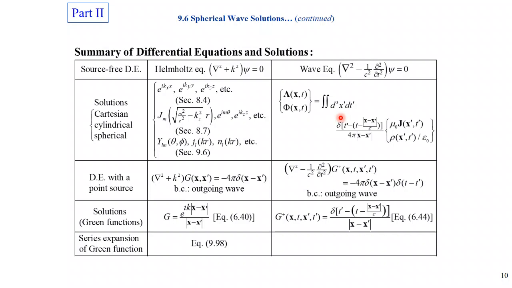So the Laplacian of g will become this one, and the solution for g will become this one, with a delta function. We won't talk about this one.